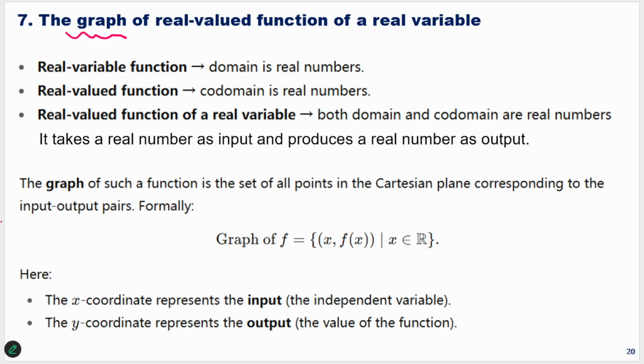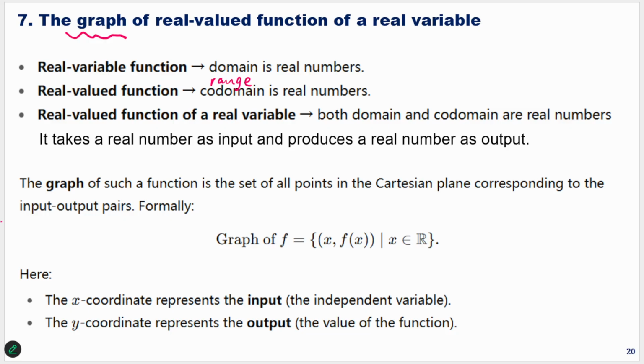A real valued function means the codomain or range is also real numbers, or a subset of real numbers. A real valued function of a real variable means both domain and codomain or range are real numbers or subsets of real numbers. It takes a real number as input and produces a real number as output.